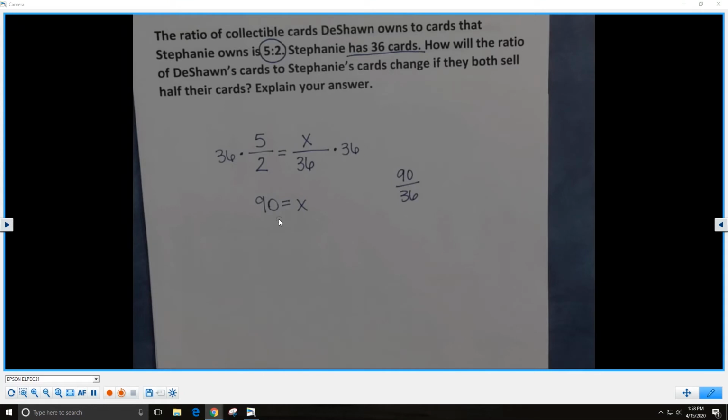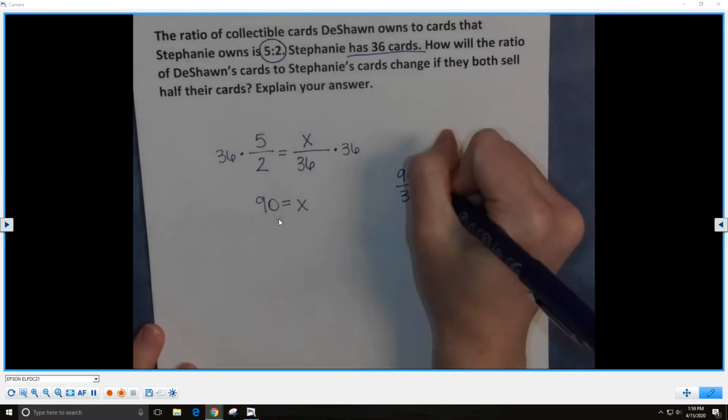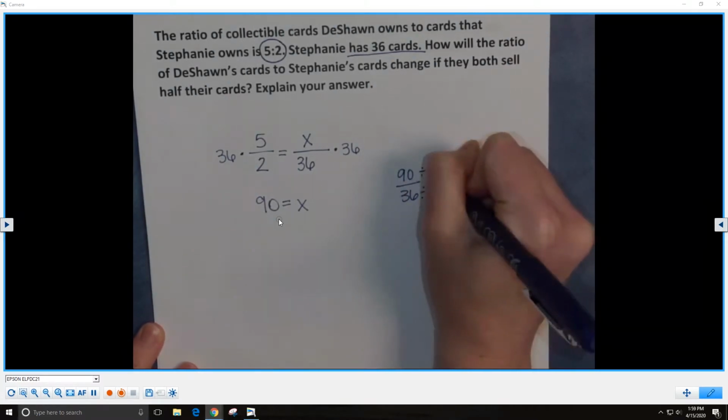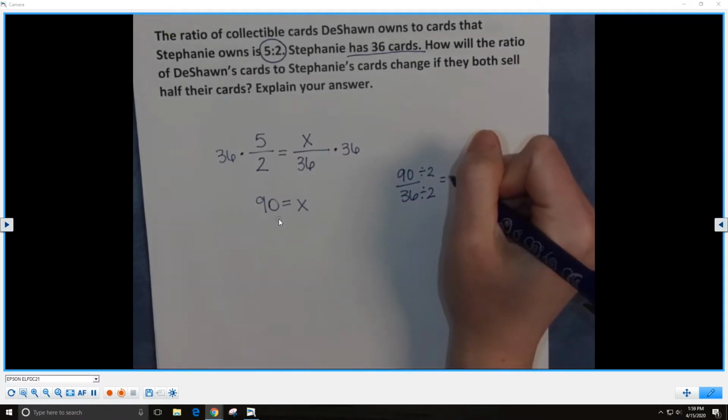So now we have to find the new totals. How can you find the new totals if they each sell half of their cards? Right, we're going to divide 90 by 2 and 36 by 2, because they're selling half of their cards.